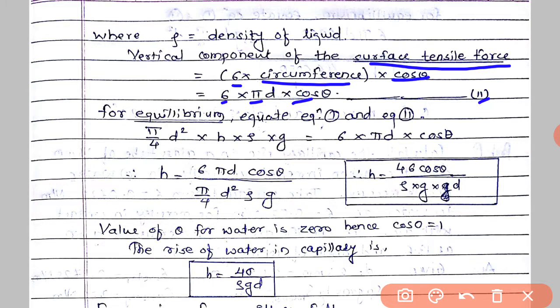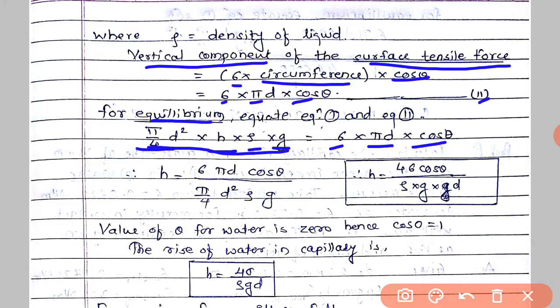So for the equilibrium condition, equation number 1, that is the weight force of the liquid in the tube, which is given by π/4 d² h ρ g, will be equal to the vertical component of surface tension force, which is equal to σ π d cos θ. So we have to equate those two equations.